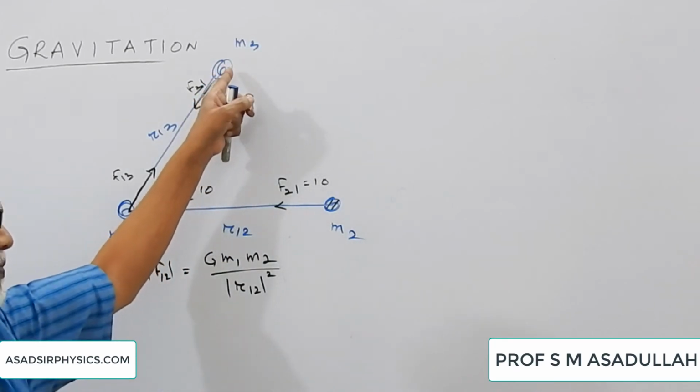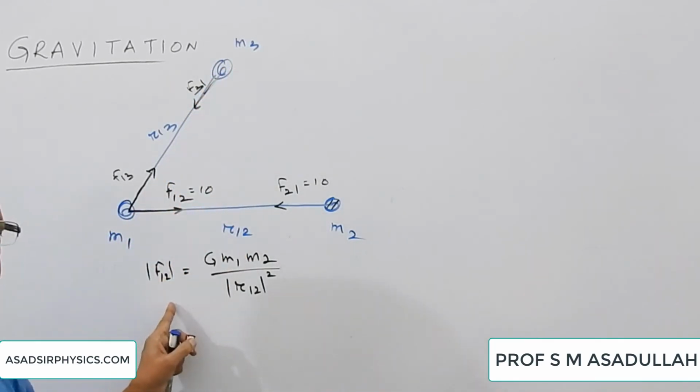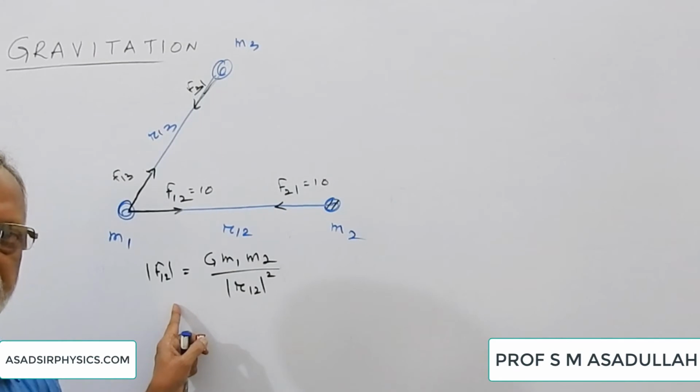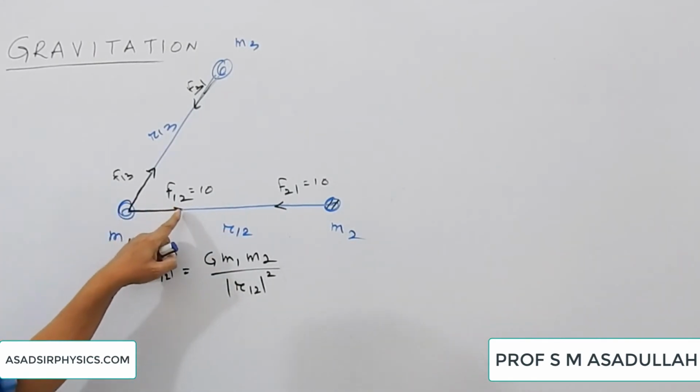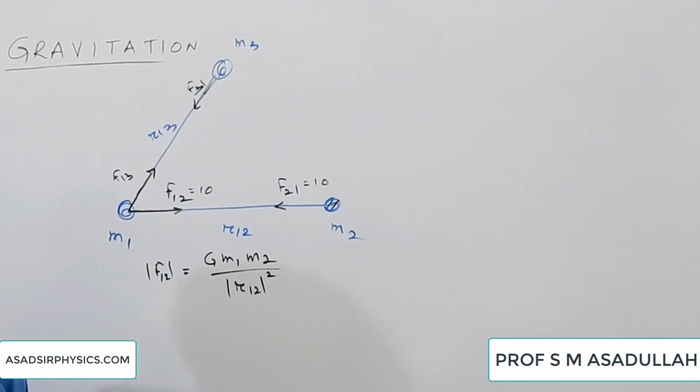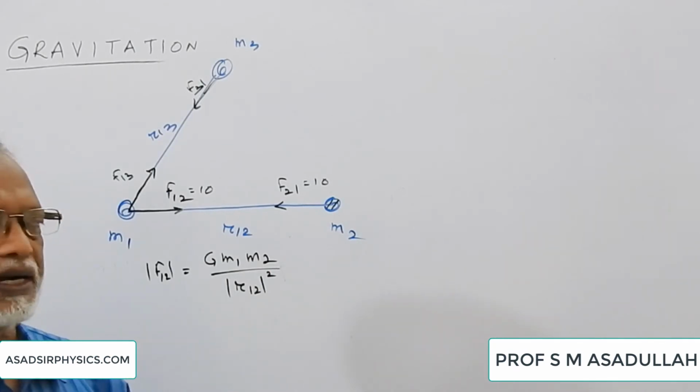Because of the presence of m3, this force does not change, it will remain as it is. So on this body you can see that earlier there was only one force, now there are two forces acting. Then we have to find the resultant of these two forces to find the final force on m1.